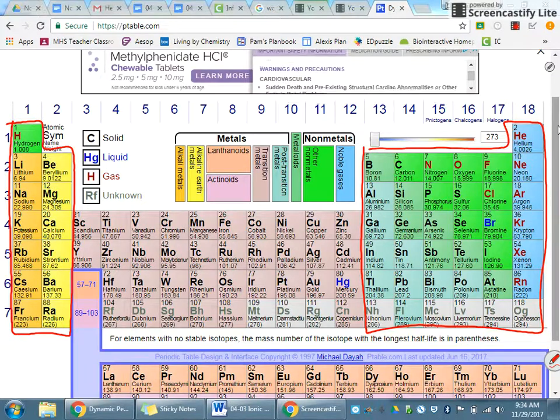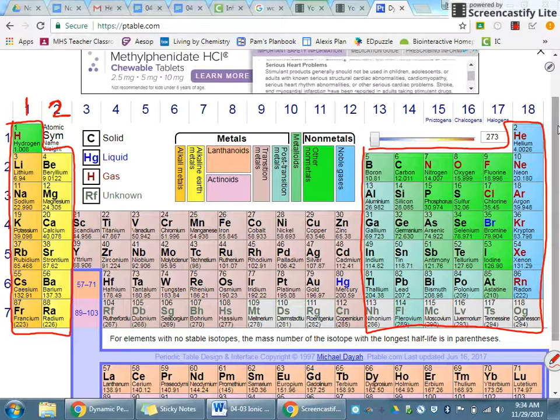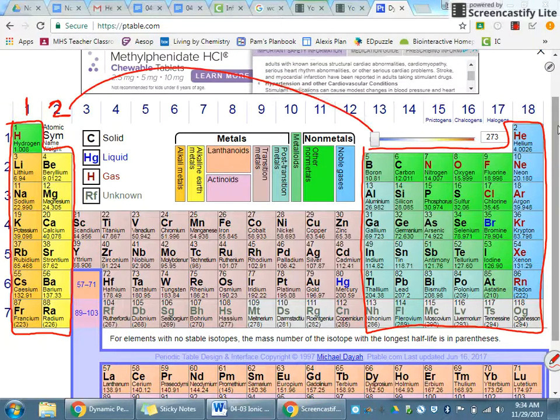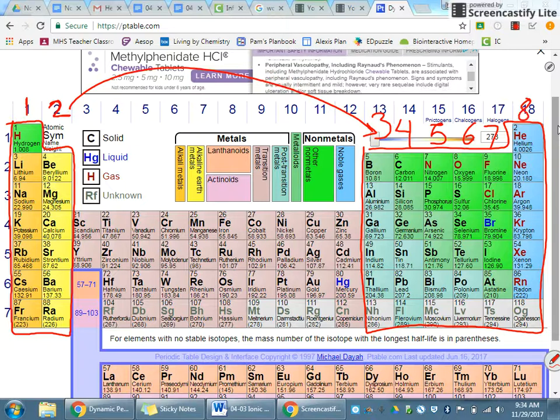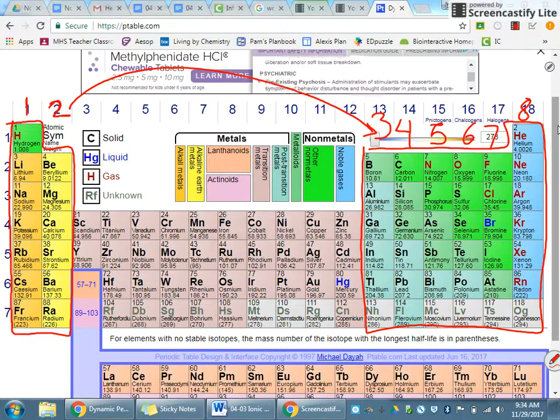I'm going to number them 1, 2, nothing different here, but now I'm going to skip all the way to the other side. This will become 3, 4, 5, 6, 7, and 8. We can use these numbers to tell us how many valence electrons are in an atom.